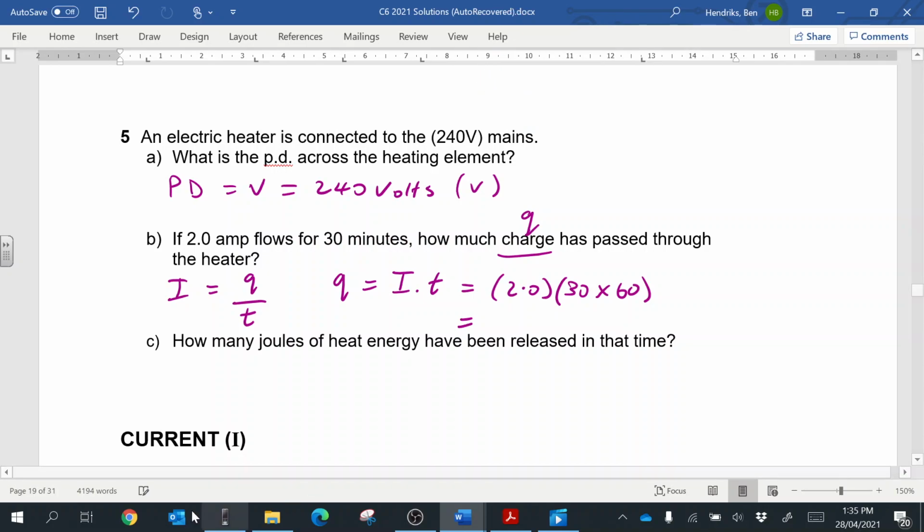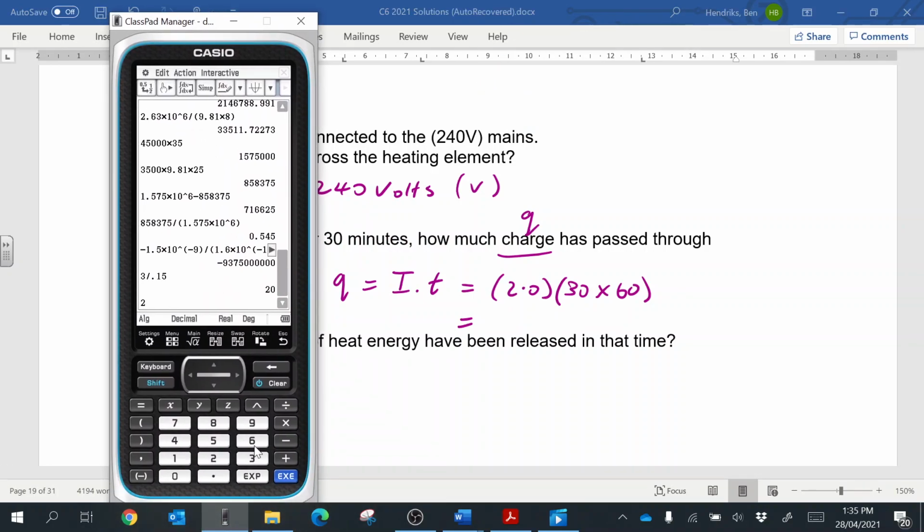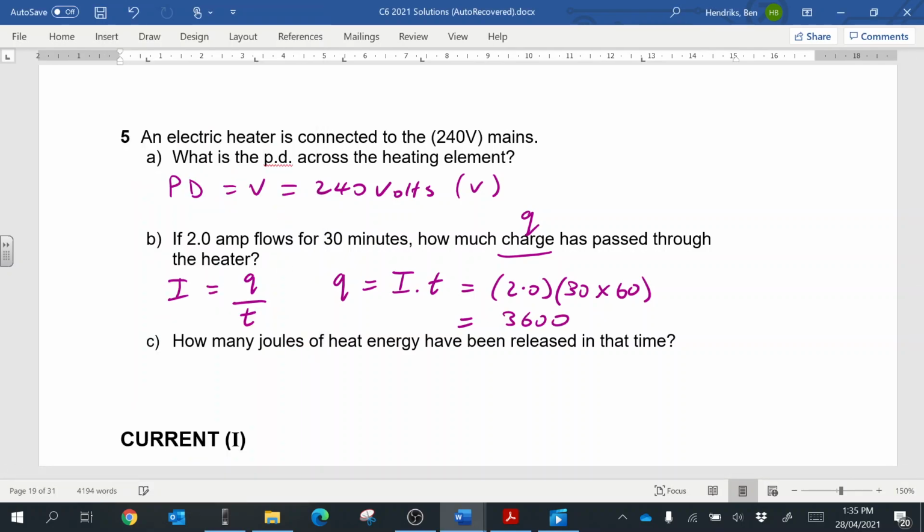That is equal to 3,600, and charge is measured in coulombs.